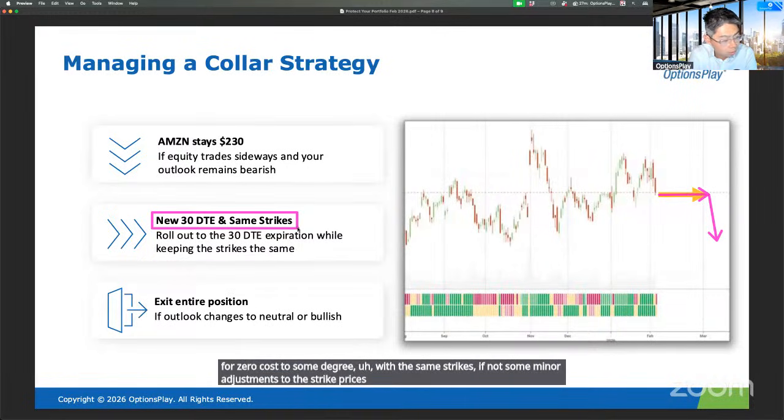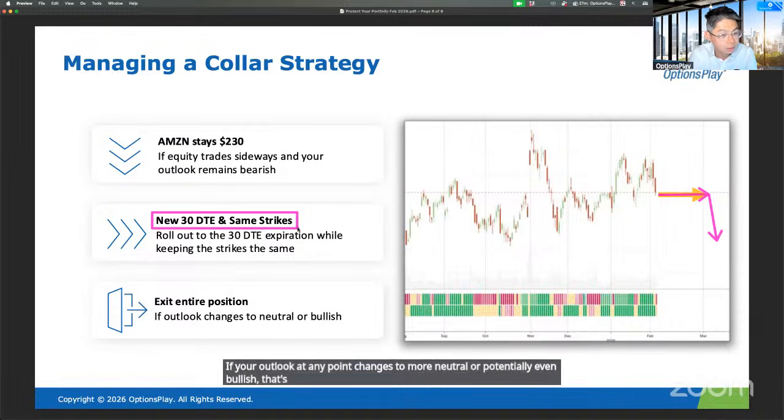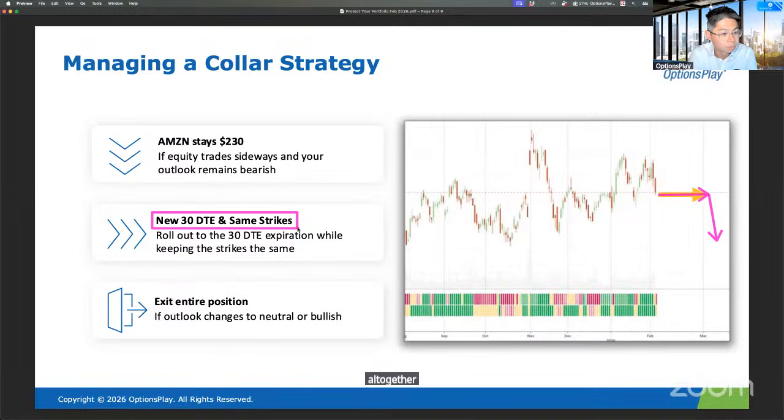And just like the previous example, if your outlook at any point changes to more neutral or potentially even bullish, that's when you want to exit the collar strategy altogether. So that's really where you want to look at simply exiting your collar strategy.